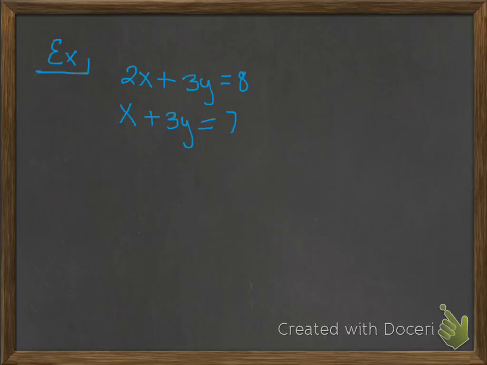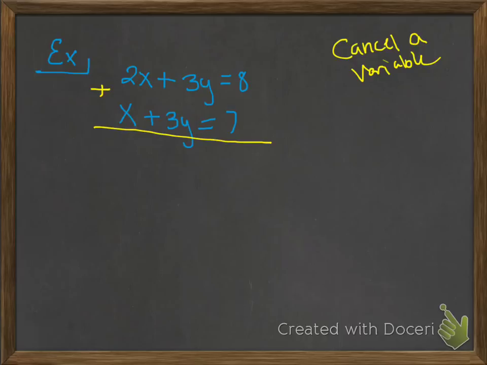Let's try this again. Now if I turn this into a big addition problem, I can't cancel anything out because x plus x will make 2x and 3y plus 3y will make 6y. So nothing cancels out, and my goal is to cancel a variable out.